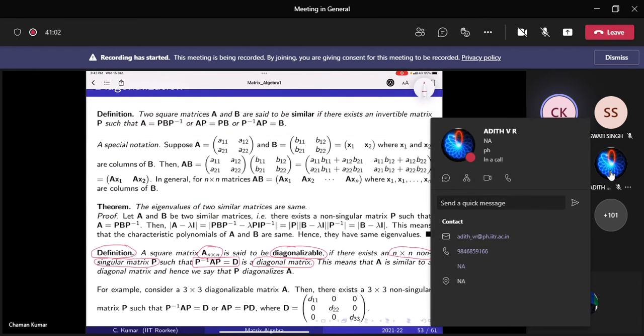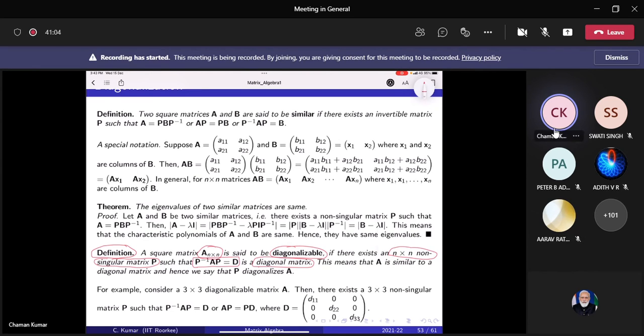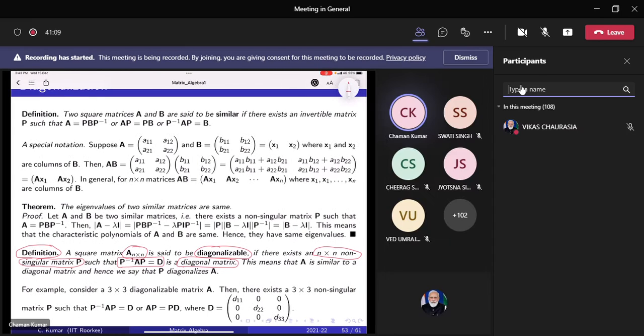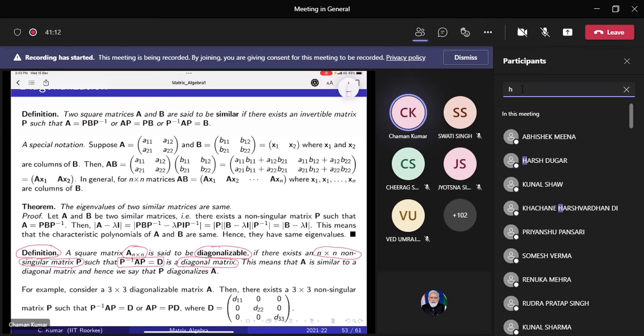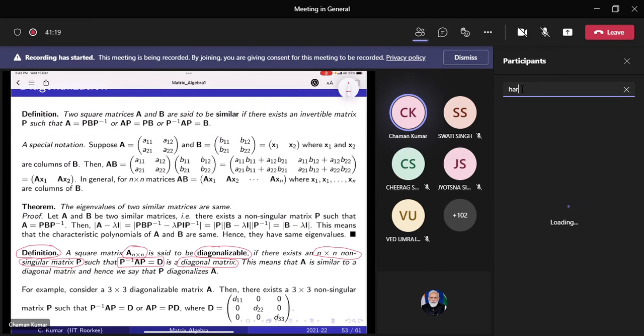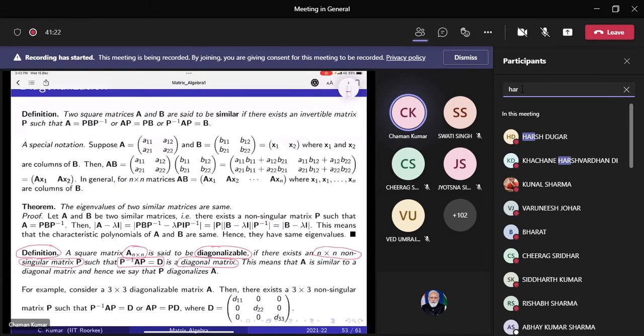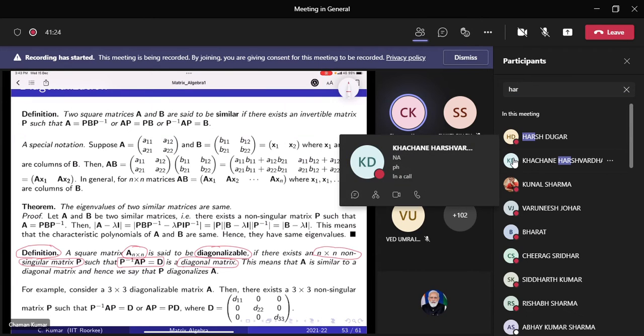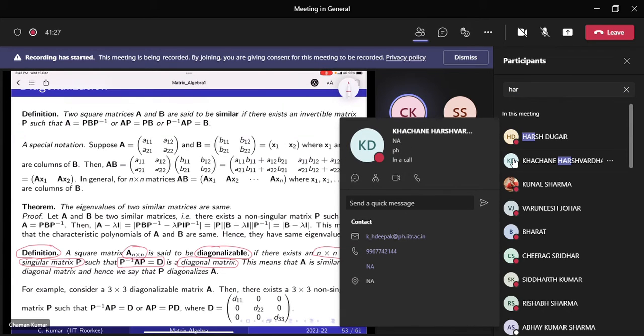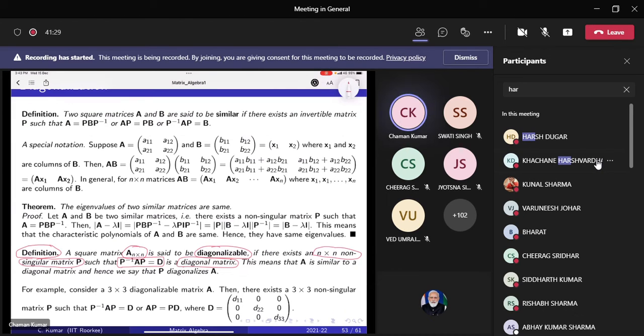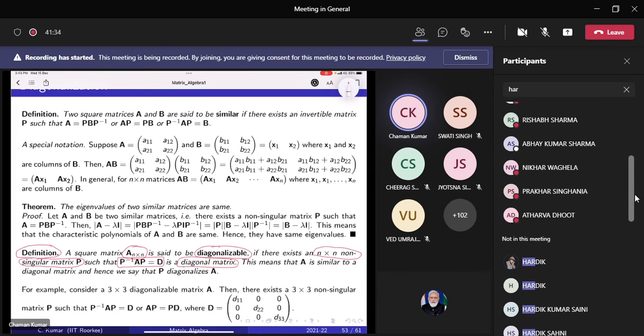So from the previous theorem, you can easily see that instead of calculating the eigenvalue of the matrix A, if A is diagonalizable, then we can calculate the eigenvalue of the diagonal matrix, because all the entries in the diagonal matrix except the diagonal elements are 0. So finding the eigenvalues for the diagonal matrix is easier. In fact, the diagonal elements of the diagonal matrix will be the eigenvalues.